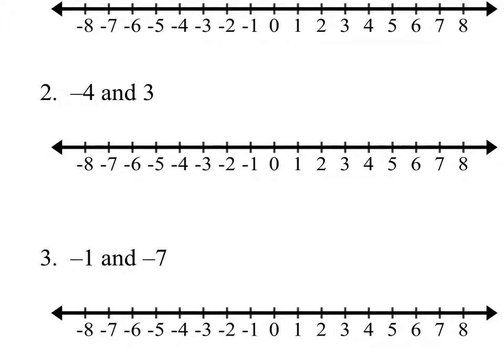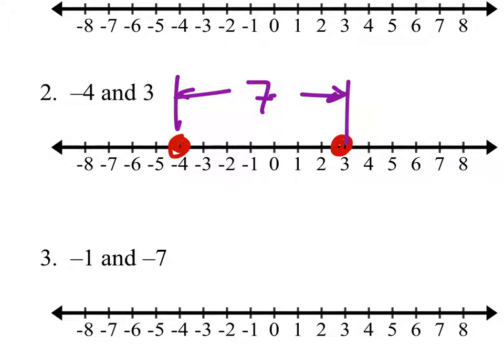All right, number 2. Here we got negative 4, which is right here. And then we got 3 up in here. So, once again, let's take a look at these two. How far apart are these? And you could count, right? But then, yeah, 7 units apart between these. So why would we be finding distance between points?